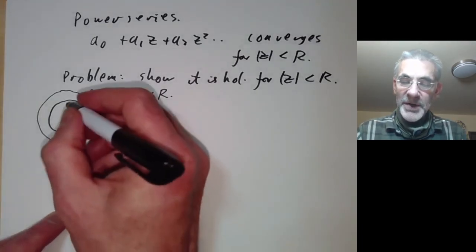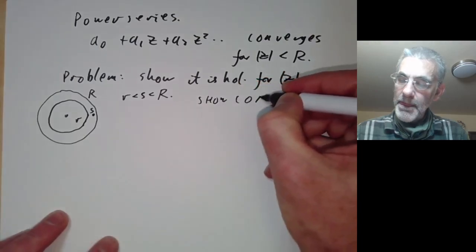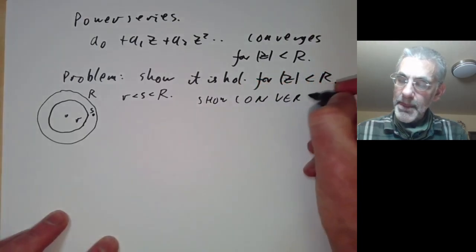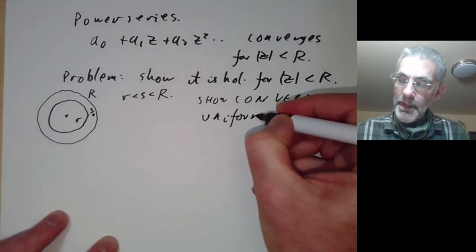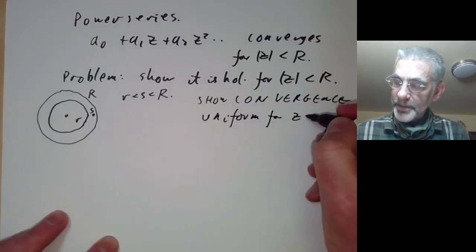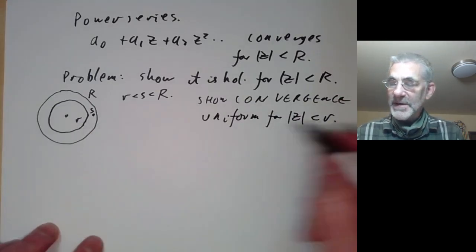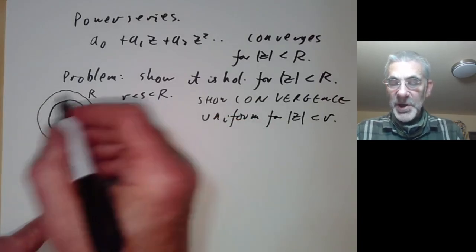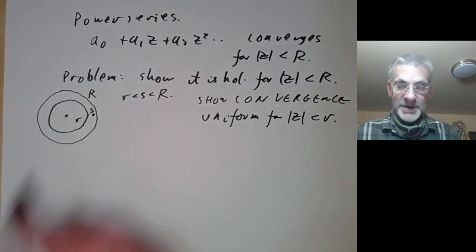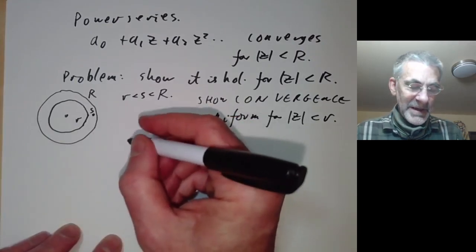And we're going to show that convergence is uniform for z having absolute value less than little r. We're going to prove this for any little r less than big R, which will show we've got local uniform convergence. And why have we introduced s? Well, we need to for slight technical reasons.